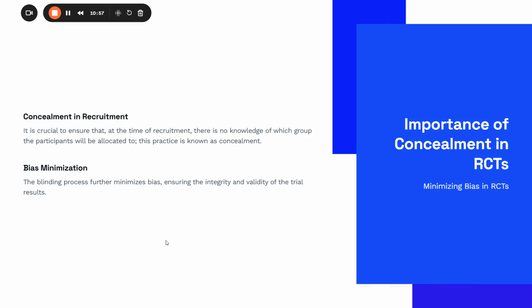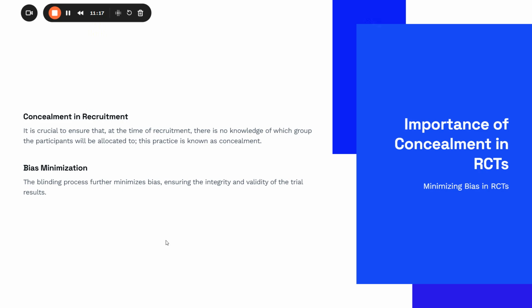There is one more thing which is known as blinding, which is a bit different from concealment. In concealment, prior to actually enrolling into the study, the participants should be unaware of which intervention or control group they are going to be put into.